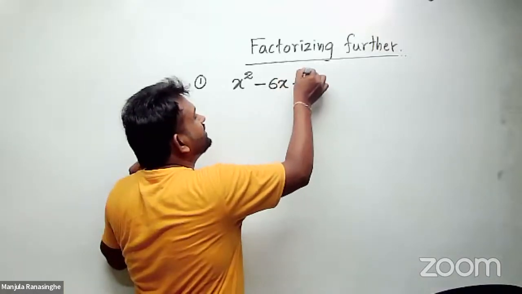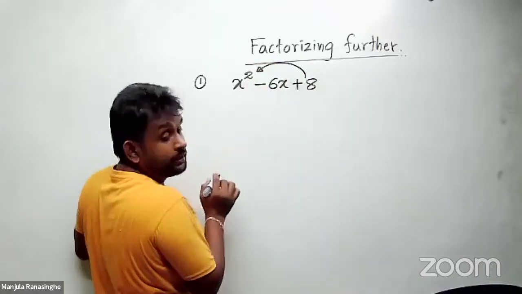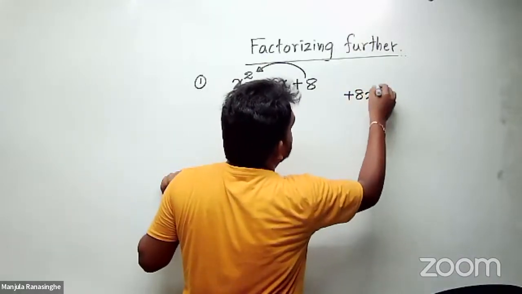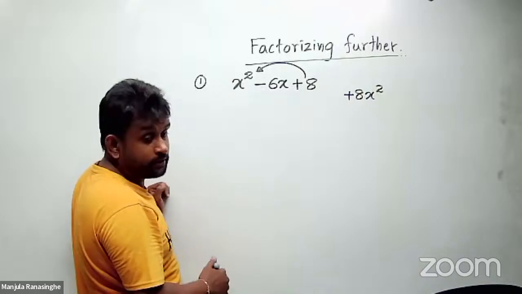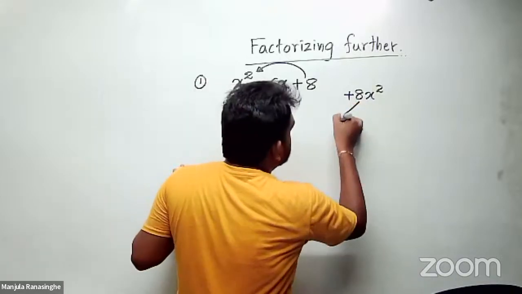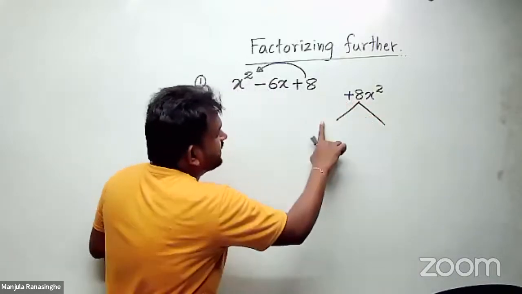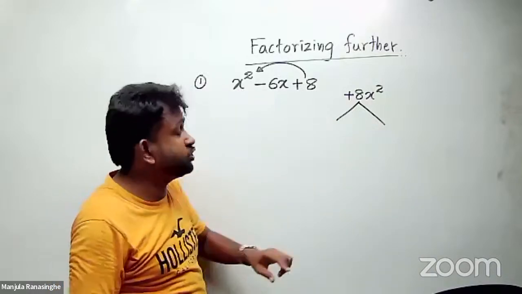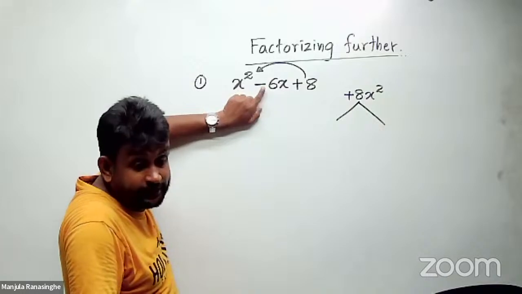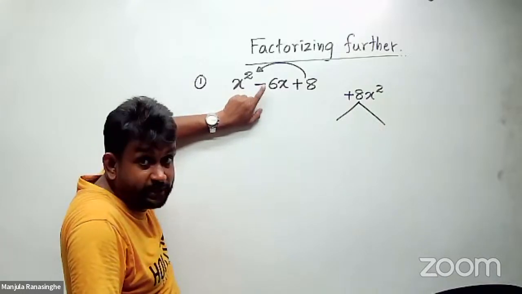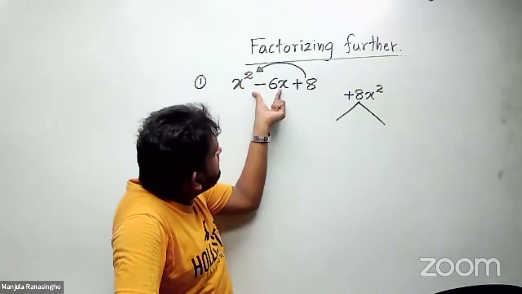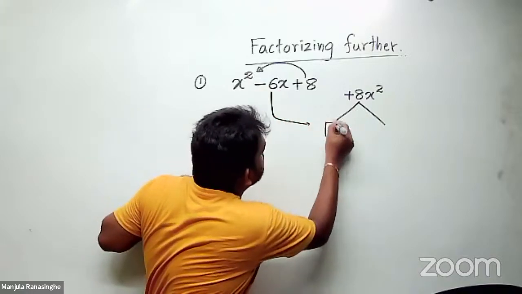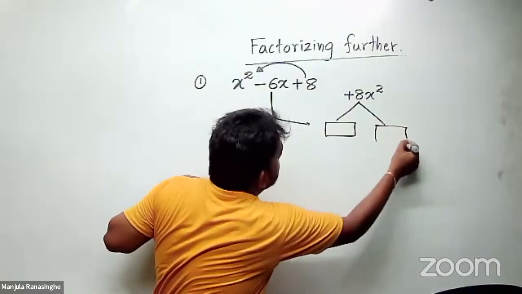Now plus 8 multiplied with x squared, I take plus 8x squared. Now I check how to build up plus 8 with multiplication. But before that, I check that the sign of negative 6x is to be created with the sum of this pair.